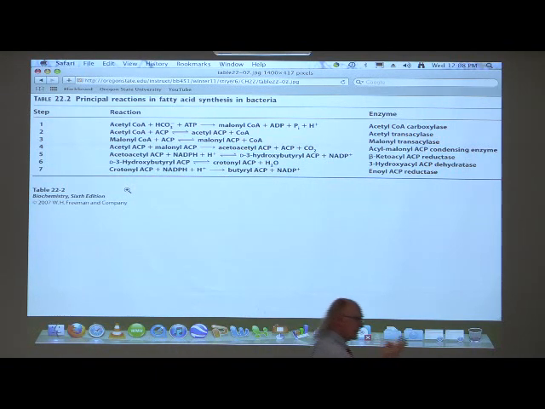E1, E2, and E3. Okay? This complex has all these activities, and we're not going to memorize those names. This complex name is called fatty acid synthase. Very simple name. So all of these reactions after the acetyl-CoA carboxylase are part of the fatty acid synthase complex.